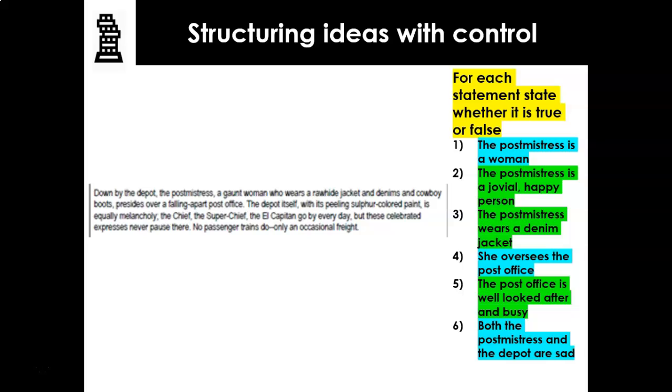The depot itself, with its peeling sulfur-coloured paint, is equally melancholy. Now, equally melancholy: the depot itself is melancholy, but it's equally melancholy. In other words, it's equal in its sadness to her. So the postmistress and the depot are both sad, falling apart places. And melancholy means sadness. So brilliant. Give yourself a tick if you got that.